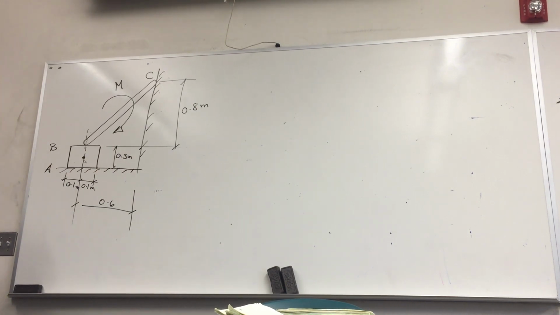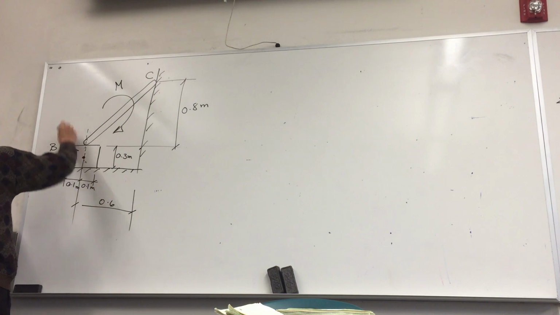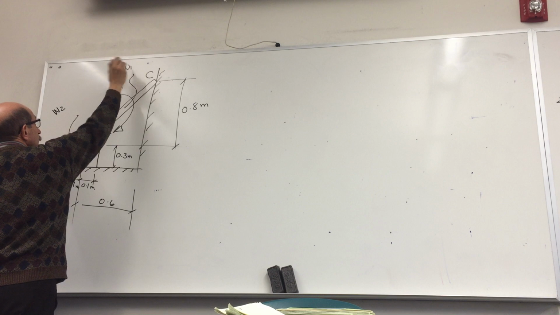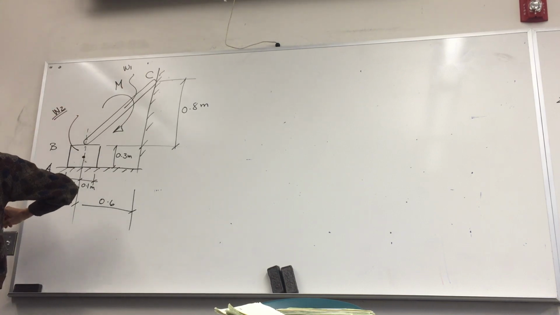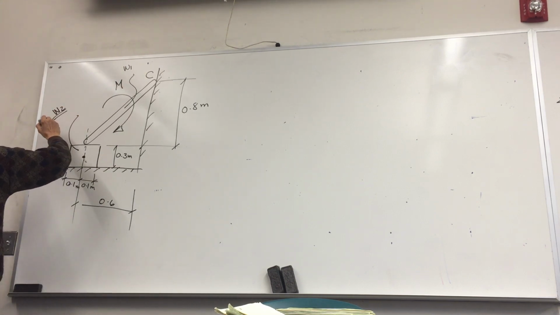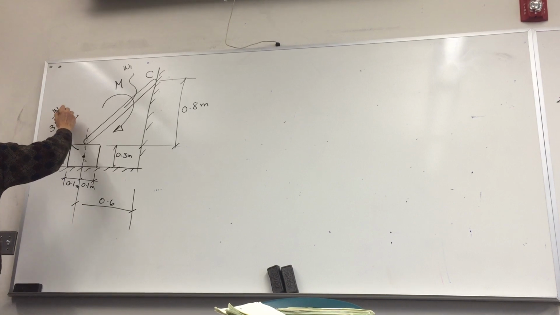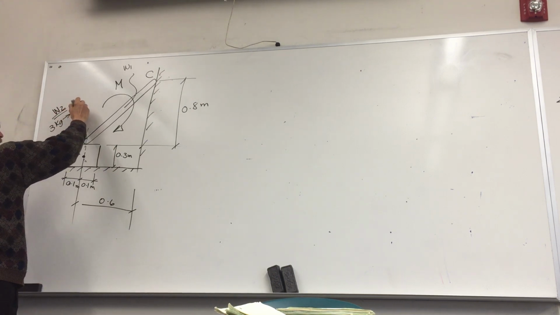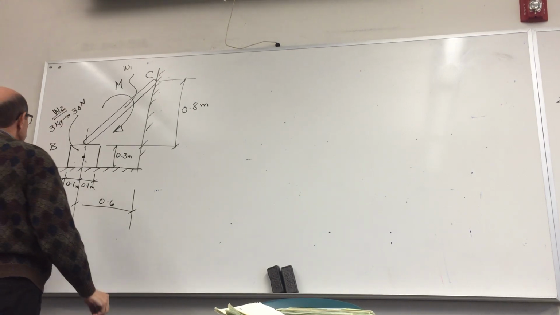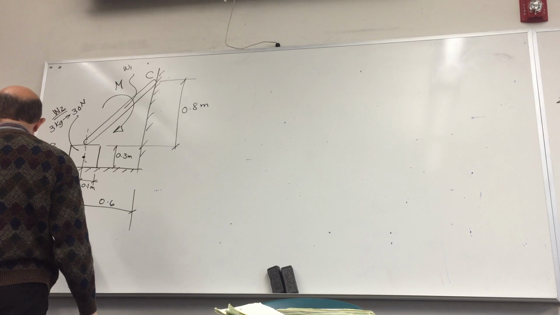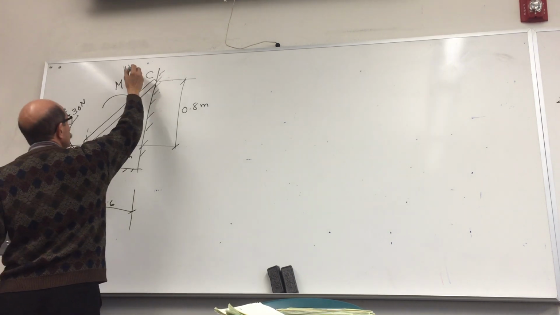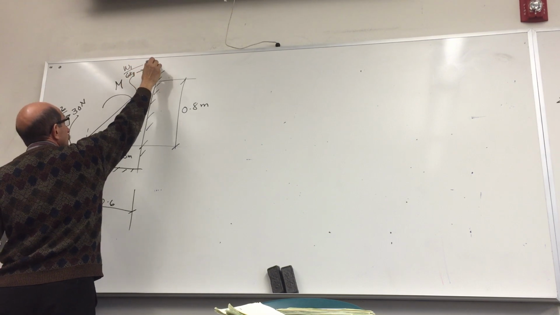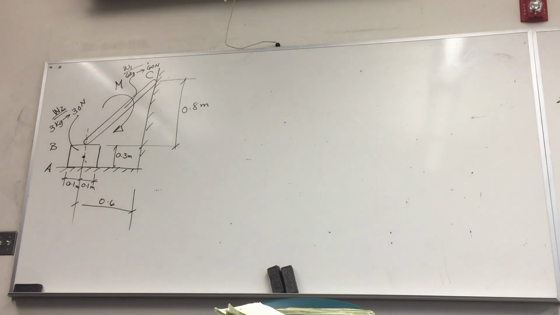Both rod and box have weights, they're not weightless. So this one I call weight 2, and this one has weight 1. This one has a mass of 3 kilograms. Consider g as 10 meters per second squared, so that gives me a weight of 30 Newton. Oh yeah, that's right, this one has a mass of 6 kilograms. That will give me a weight of 60 Newton.